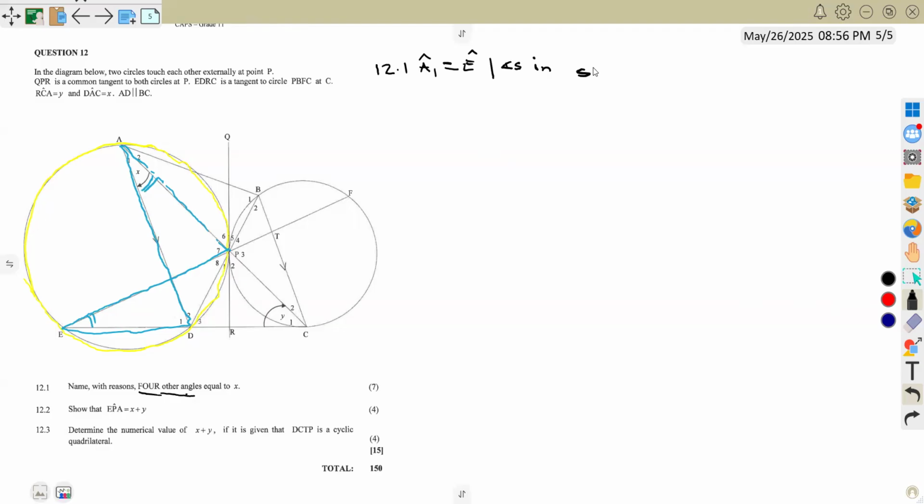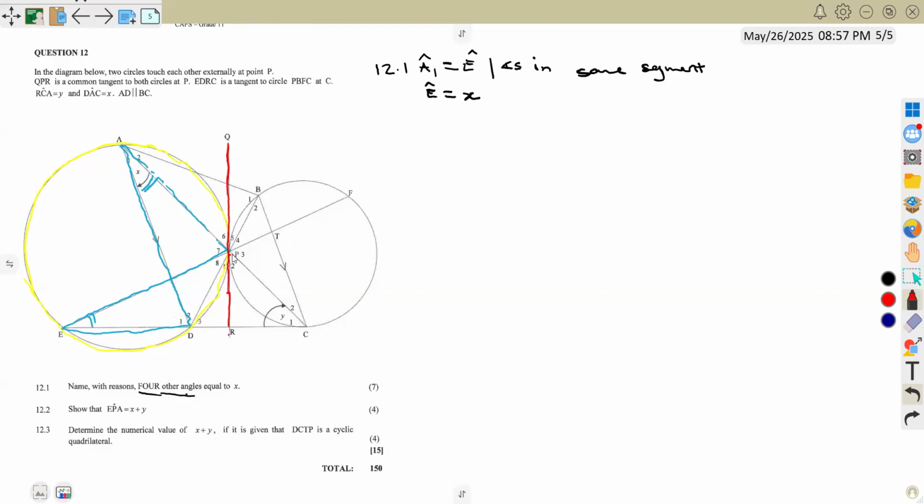Angles in the same segment. So we can conclude that also angle E is equal to X. Then, still concentrating on that bigger circle, we are told that this line is a tangent.